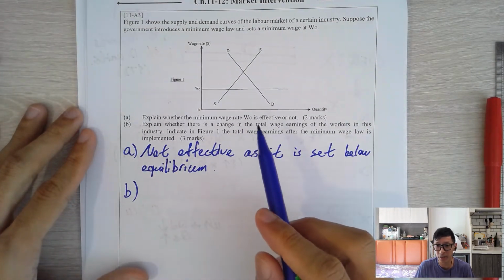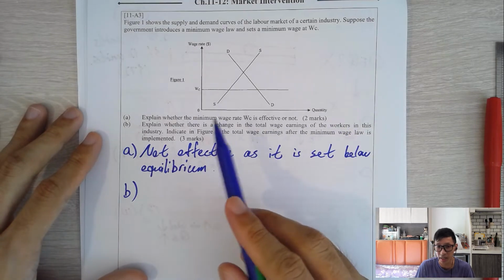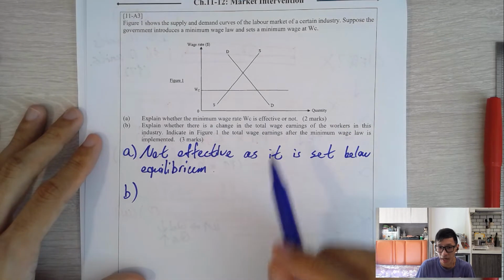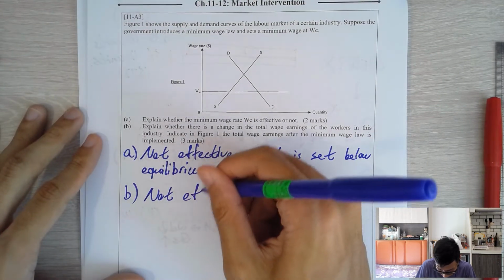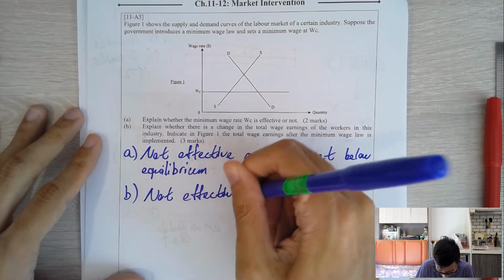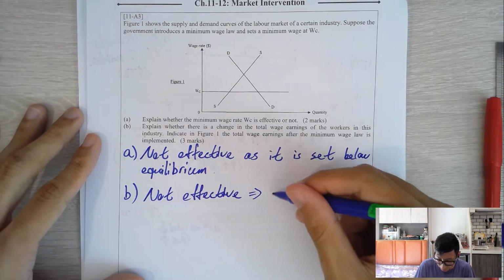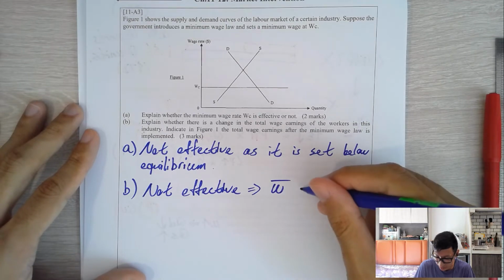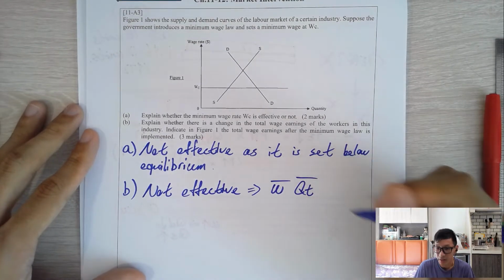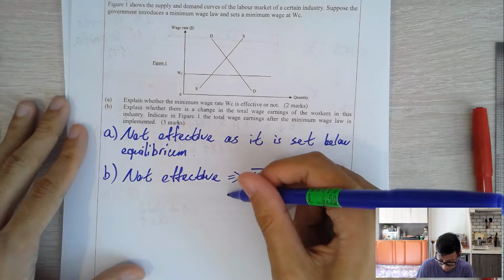OK, so what about part B? Explain whether there is a change in total wage earning in this industry. OK, since it is not effective, therefore, both the wage rate and the quantity transacted employment would remain unchanged.